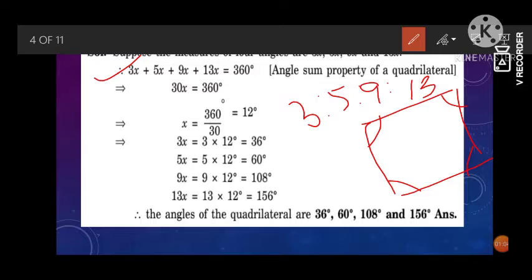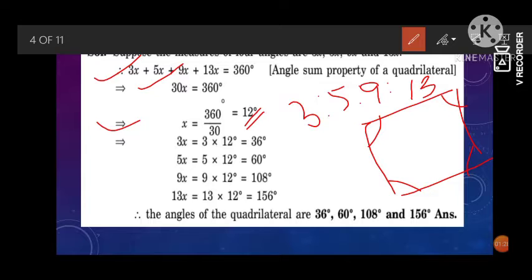So 3x plus 5x plus 9x plus 13x is equal to 360. Together we will get 30x. So 30x is equal to 360. Therefore the value of x will be 360 divided by 30, that is 12. Now we have got the value of x.